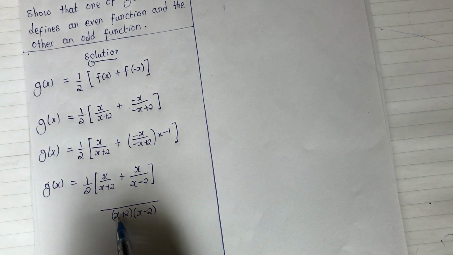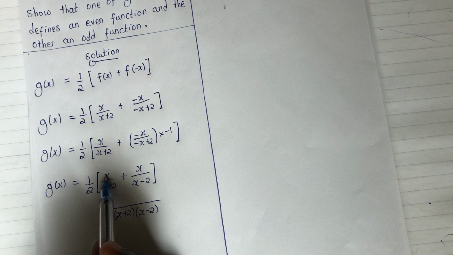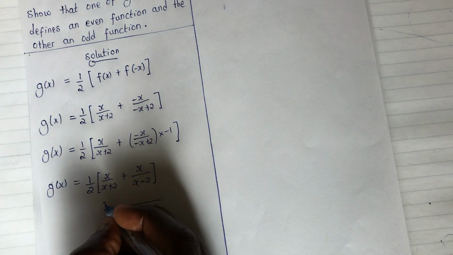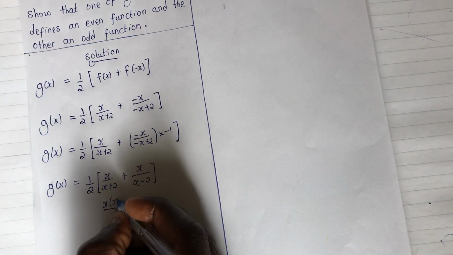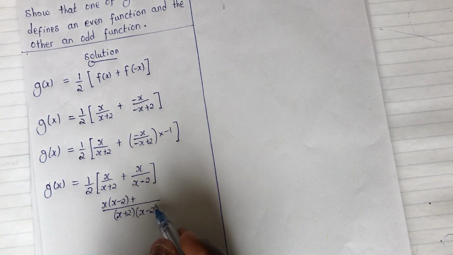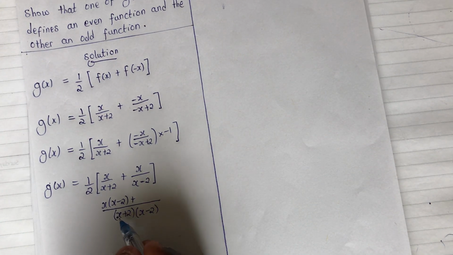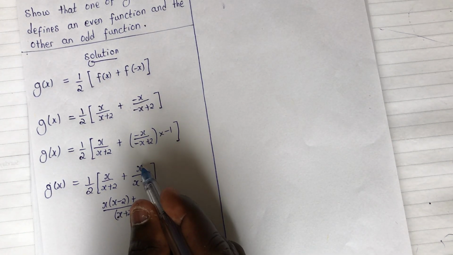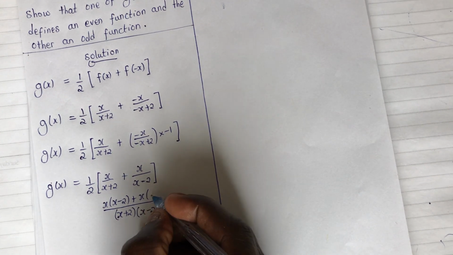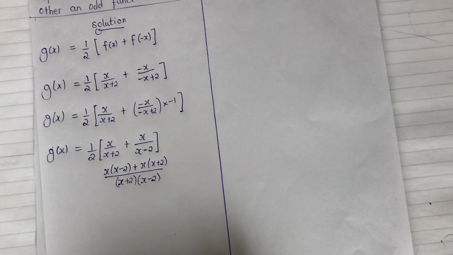This one will cancel this. We are left with x minus 2. So x minus 2 will multiply the numerator x. So we have x multiplying x minus 2 plus x minus 2 will now cancel this one. It will go into this one. Then we are left with x plus 2 multiplying the x. So we have x here, x plus 2. So that is what we have.